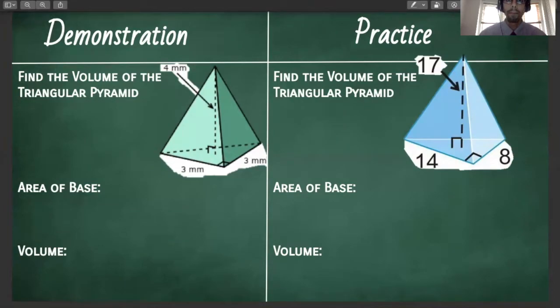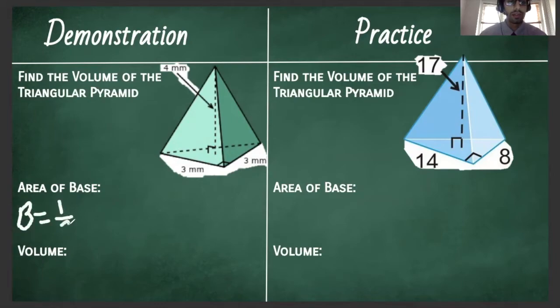Okay. So looking at this example, we need to know what the area of the base is to start off with. Now the base is a triangle this time. So the formula for the area of a triangle is 1/2 base times height, right? My base here would be 3, and my height here would be 3 as well.